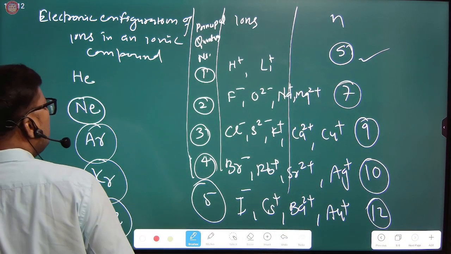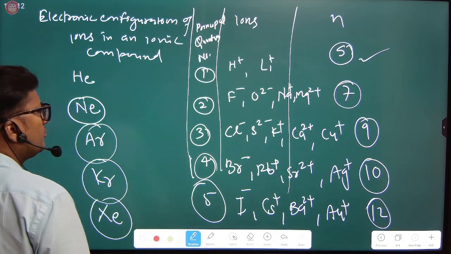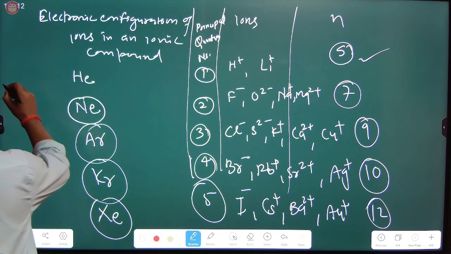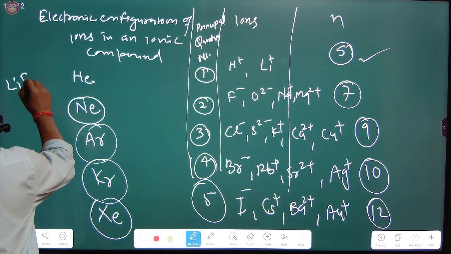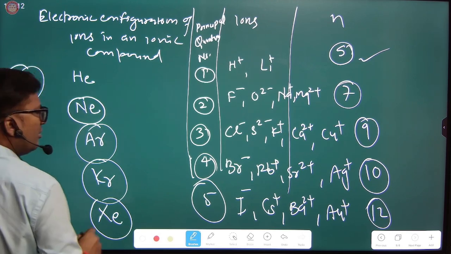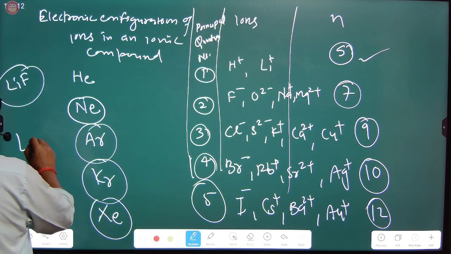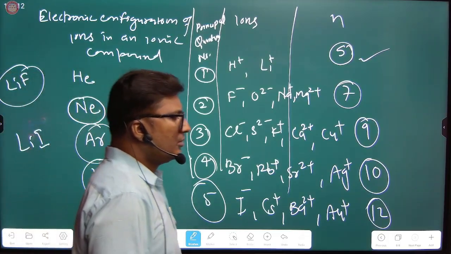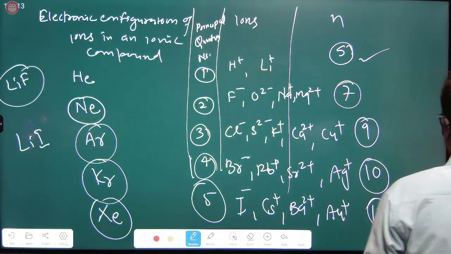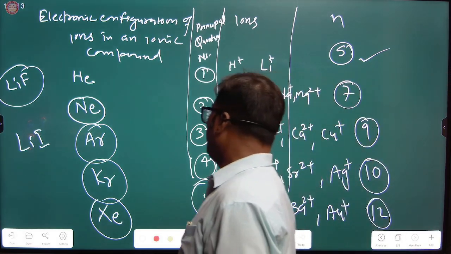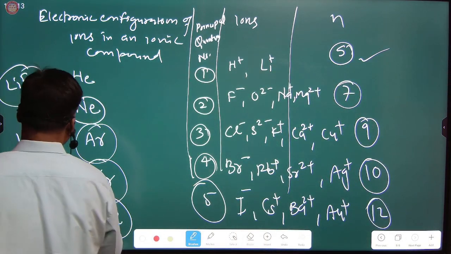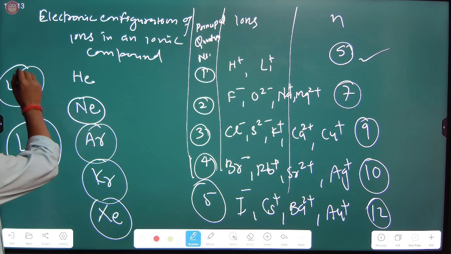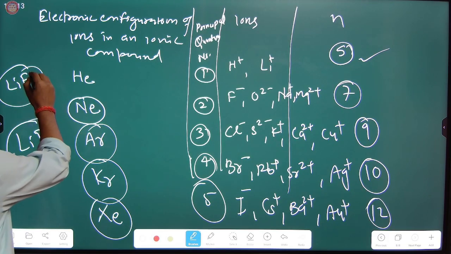Suppose we have ionic compounds like LiF and LiI. The Born exponent for one compound is high and for the other it is low.